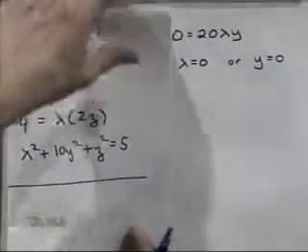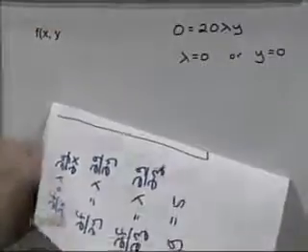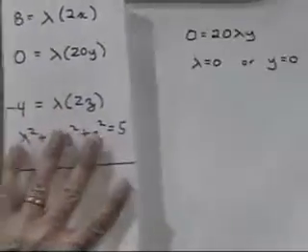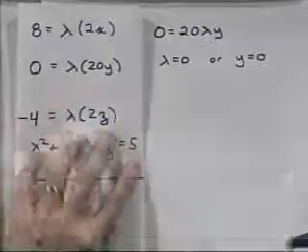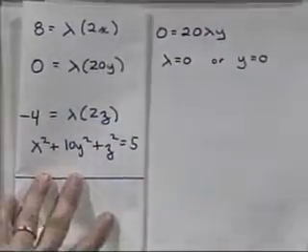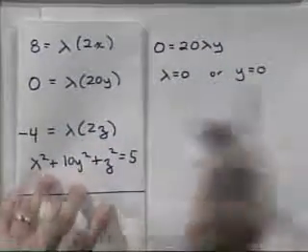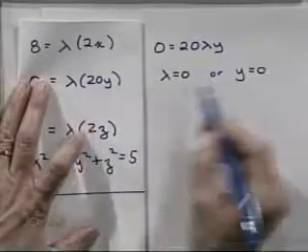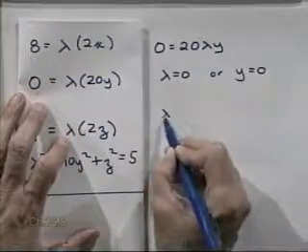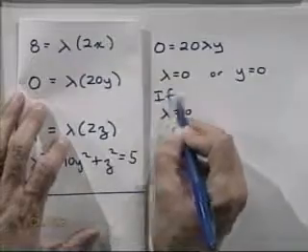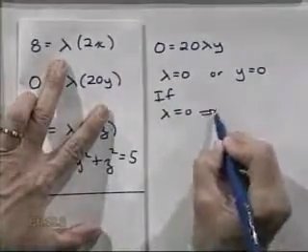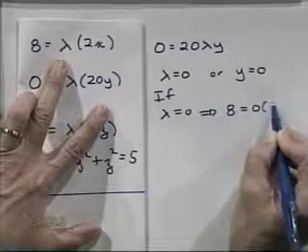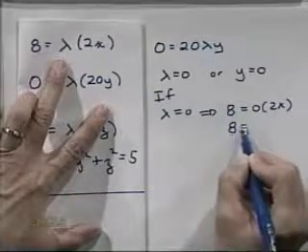Okay. Let's fold this in a little bit. How's that? Can you all see that now? Good. Let's suppose lambda is 0. Well, notice if lambda is 0 in the top equation, that would give me 8 equals 0 times 2x, or 8 is 0.